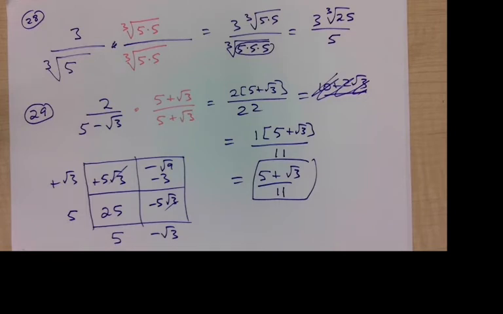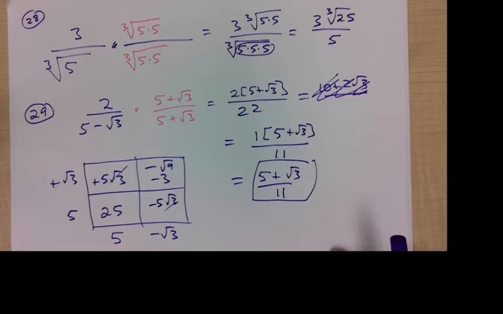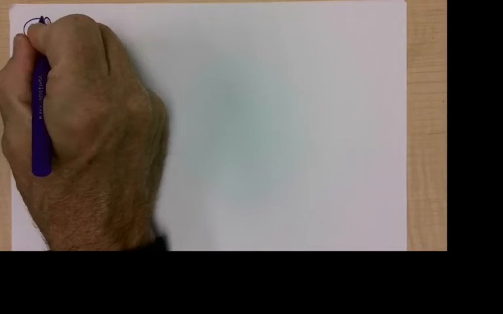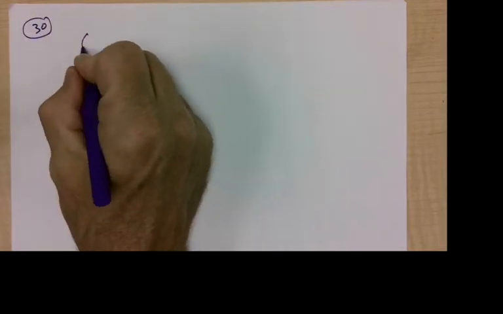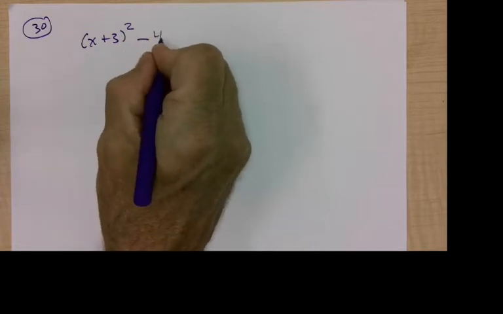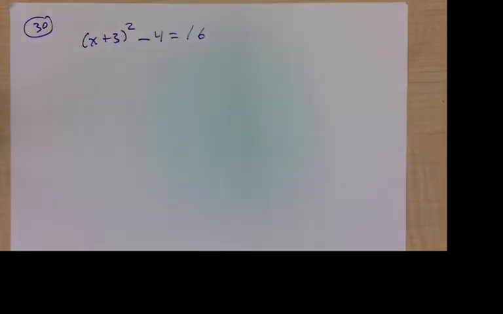All right, next up we have 30, which will kind of require us to do something similar to completing the square. So on 30, I have x plus 3 squared minus 4 equals 16.